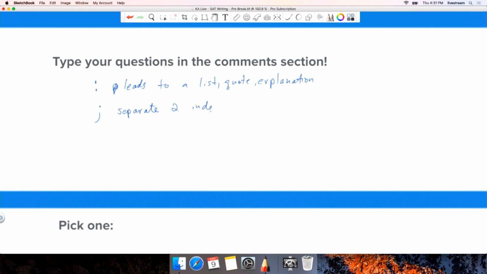Two independent clauses. And the other thing is, for a colon, the first part before the colon also has to be an independent clause. So we have an article on Tips and Strategies again about punctuation, and that you can cover and review there.